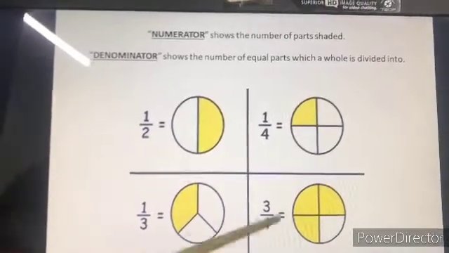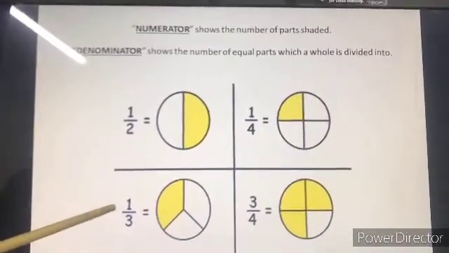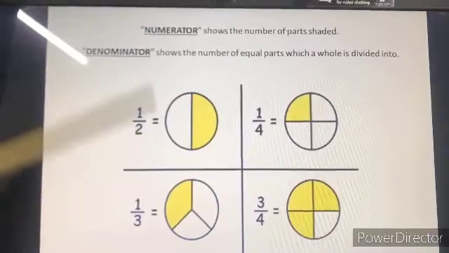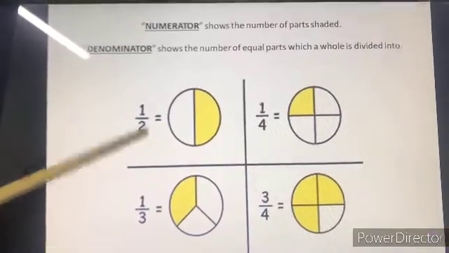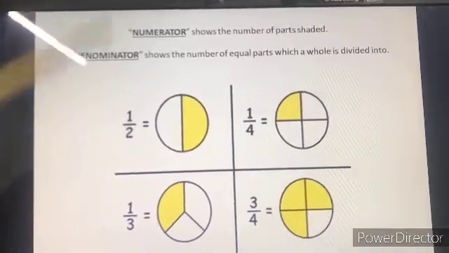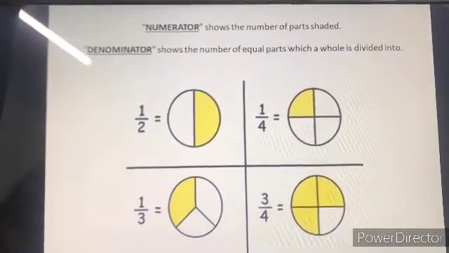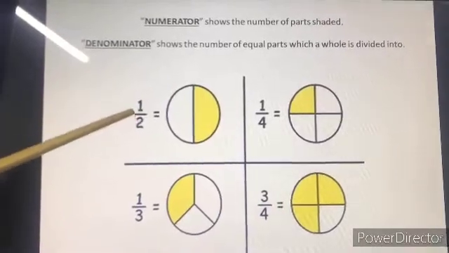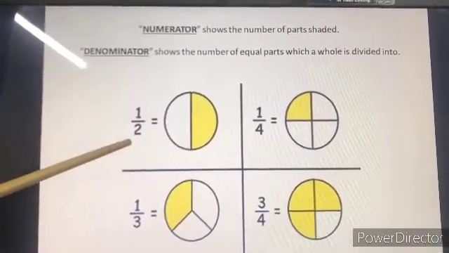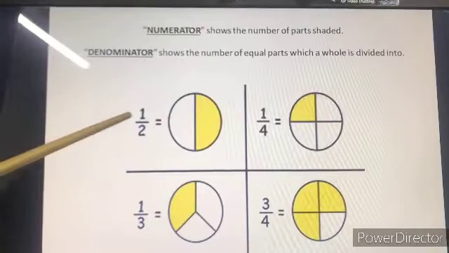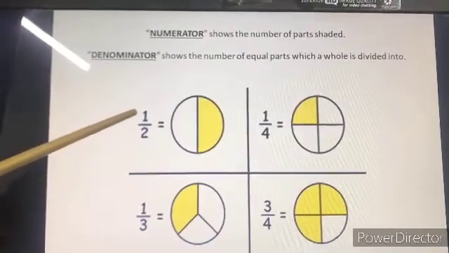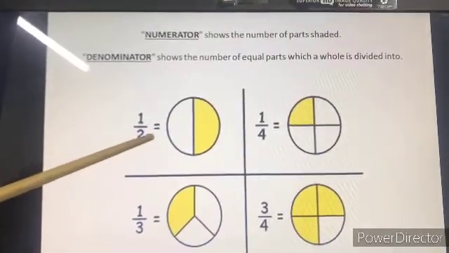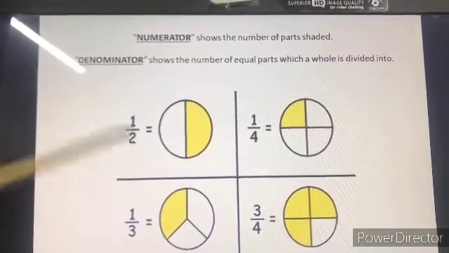So here all of these are also examples of which fraction? Yes, proper fraction. And why? Excellent, because the numerators are lesser than the denominators. So wherever the numerators are lesser than the denominator, that will be a proper fraction.